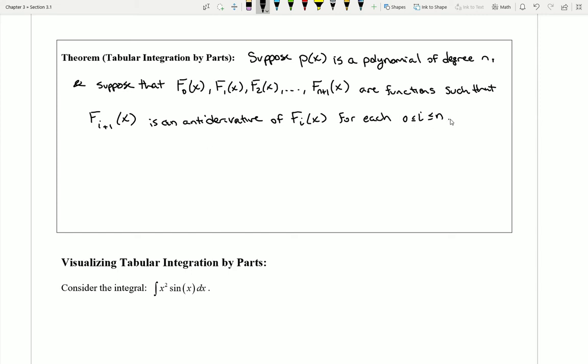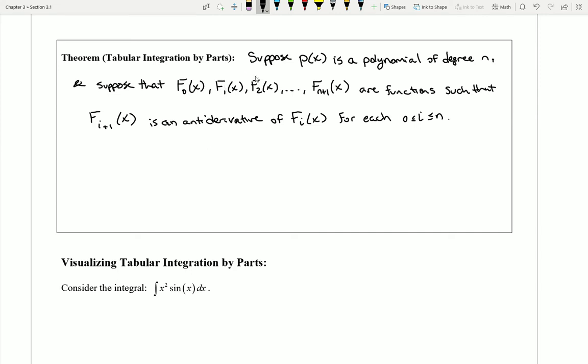Okay, now that's super mathy sounding, but to break it down very simply, what we have here is kind of a hierarchy of functions. The functions over on the right, these functions are all antiderivatives of the functions that come right before them. So f0, when I take its antiderivative, I get f1.